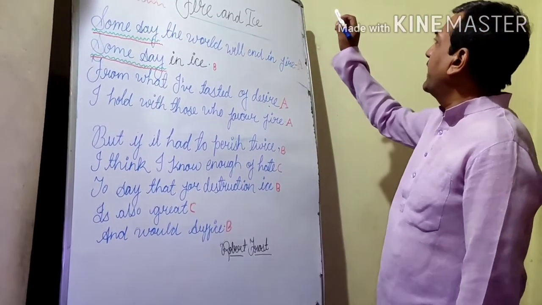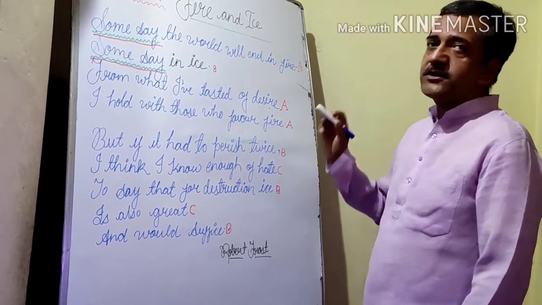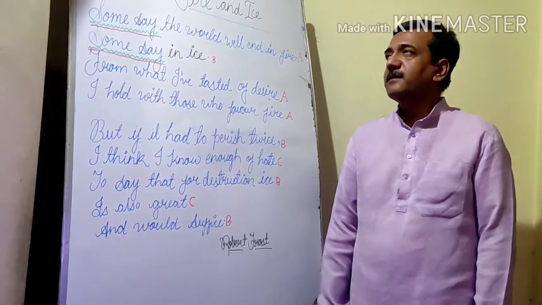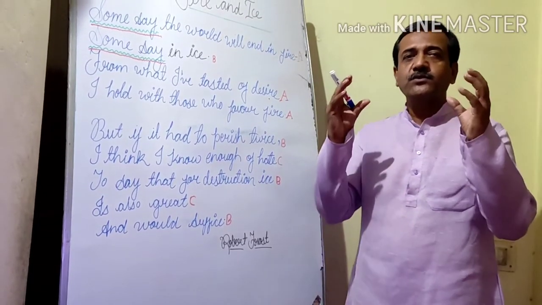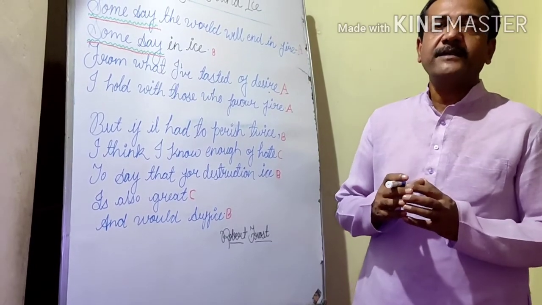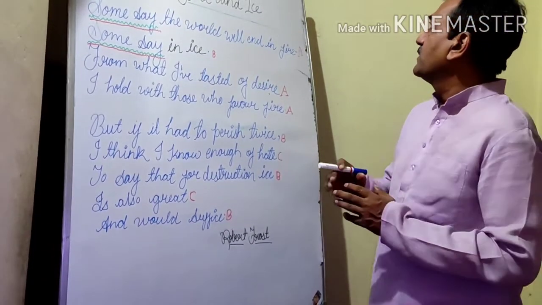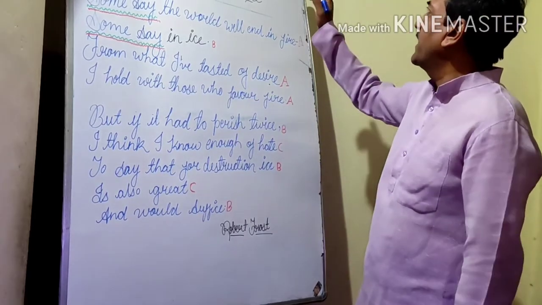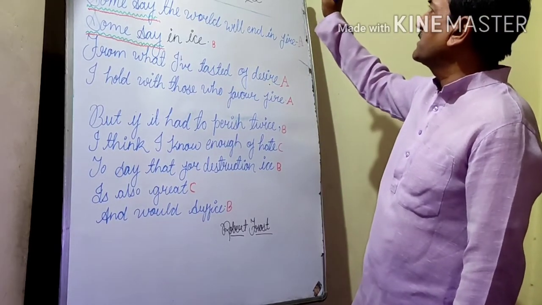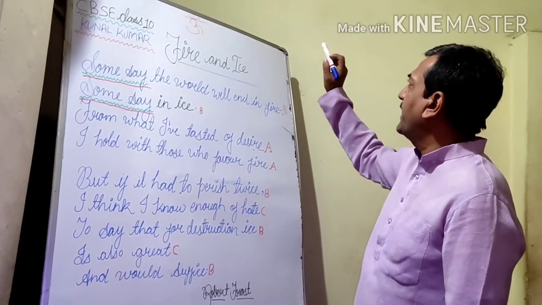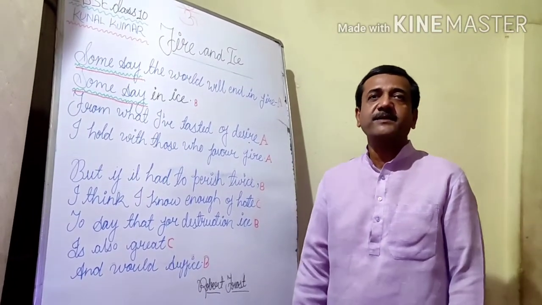Fire and Ice has a very contradictory meaning, and it's an antithesis. That means when two contradictory things are put together, that is called antithesis. To make it more emphatic, the poet has used fire and ice in this poem, and fire and ice are two symbolic things.